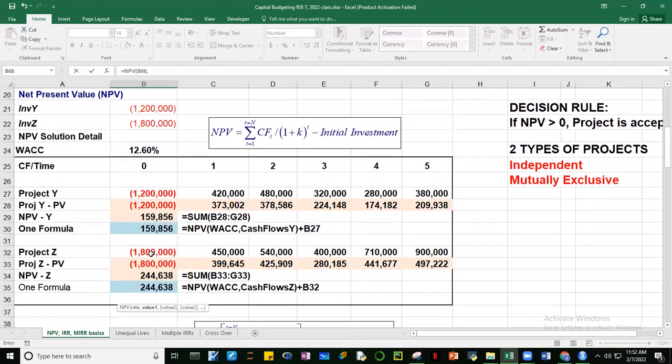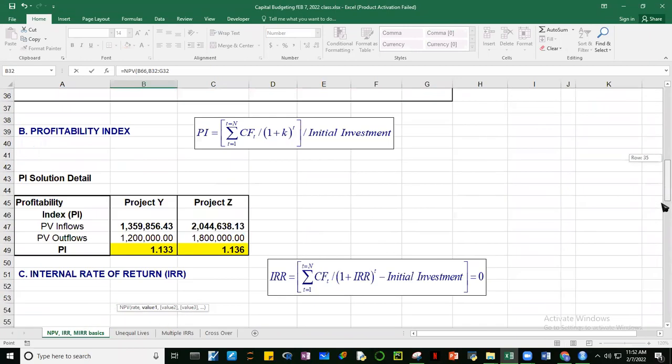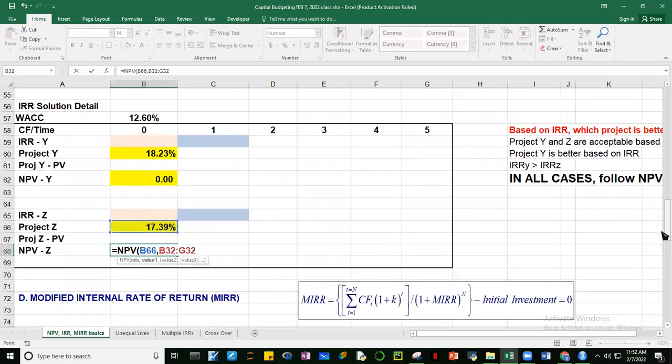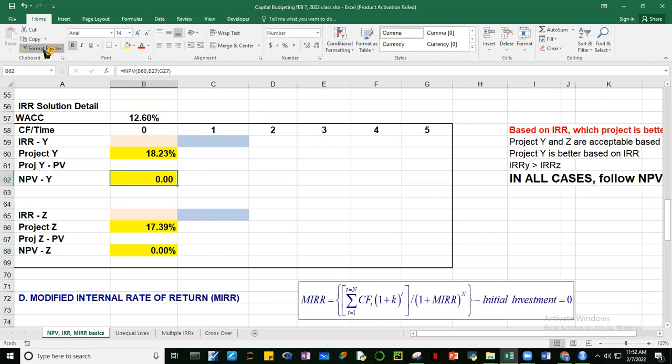Values. Format printer. Oops. Sorry. Ito pala dapat.